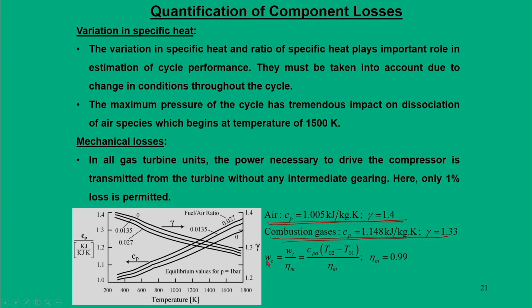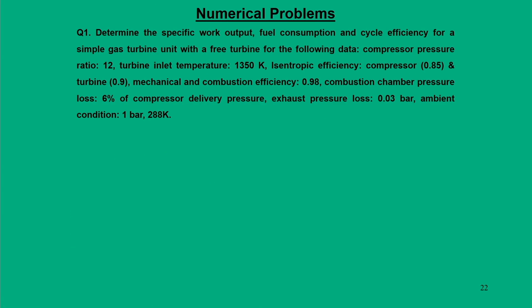Ideally compressor power and turbine power are equal, but in between there is a mechanical efficiency, which is assumed to be 98 to 99%. So with this I have introduced all the component losses and how they are going to be quantified.